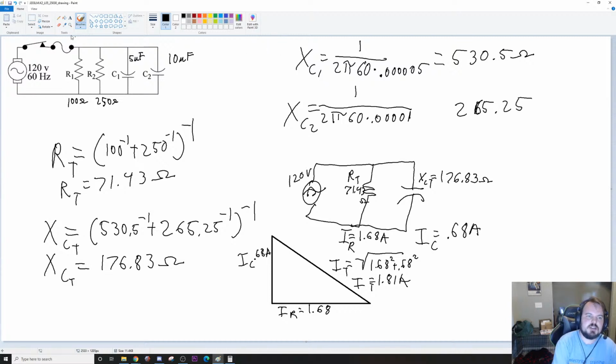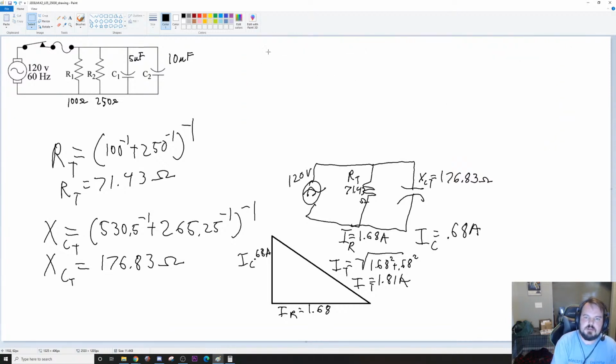I'm going to clear this top part. I total is 1.68, no, 1.81 amps. E total is 120 volts.